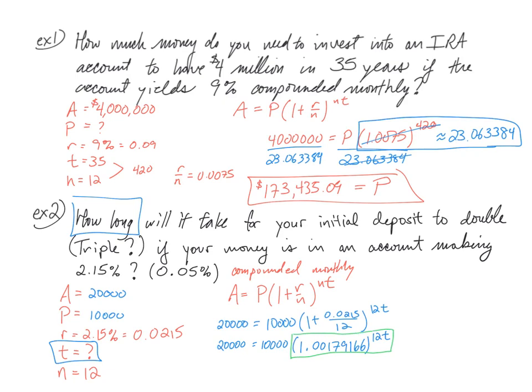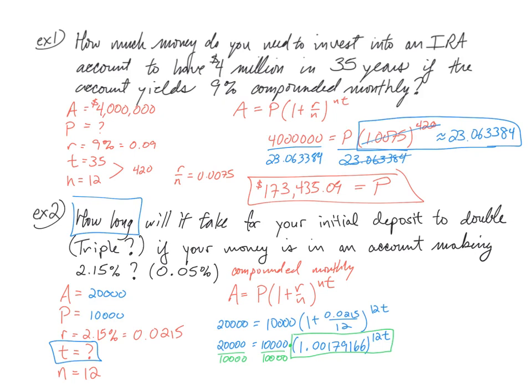There's the base, 1.001799166. There's the exponent or the power, 12t, which means this 10,000 we need to get rid of. So this 10,000, we're going to divide both sides by the 10,000.